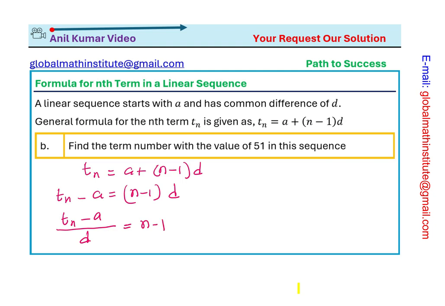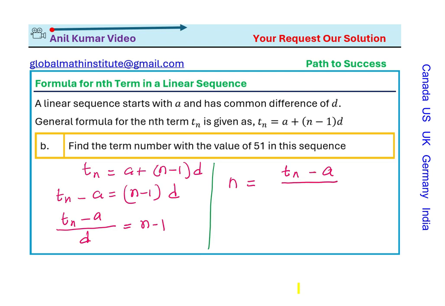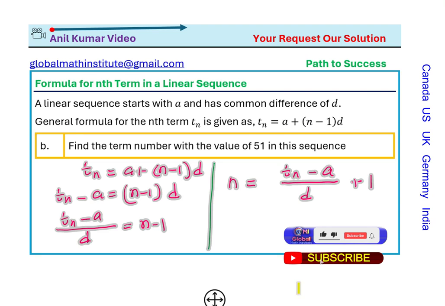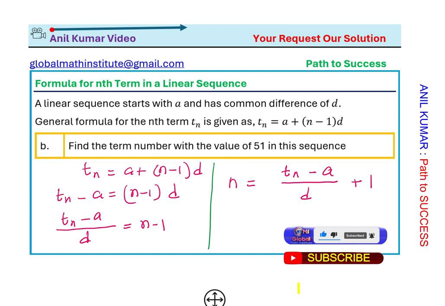And finally, we got the value of n as Tn minus a divided by d, plus 1. You see that? We change the subject. n now is the term value minus a, divided by the common difference, plus 1, right?